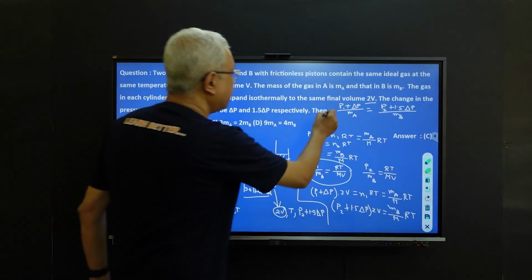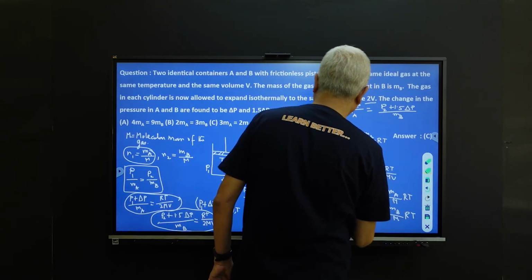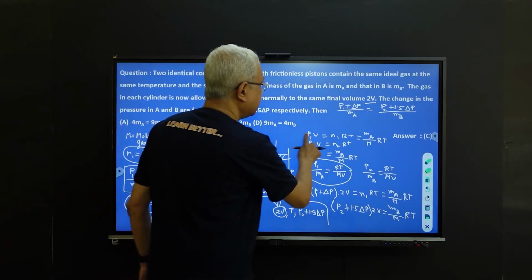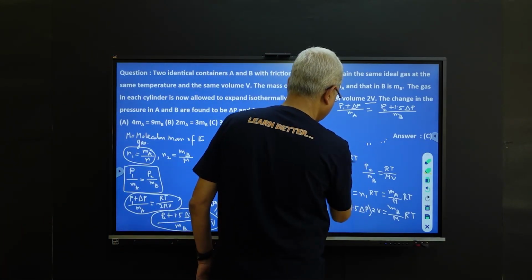So I can write from this, and if I just remove from this much, I can remove.